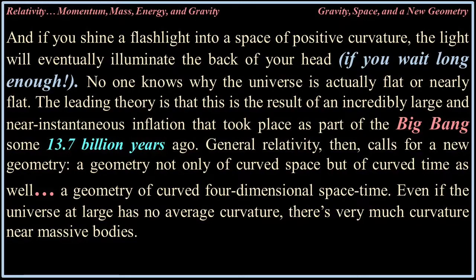General relativity, then, calls for a new geometry, a geometry not only of curved space, but of curved time as well, a geometry of curved four-dimensional space-time. Even if the universe at large has no average curvature, there's very much curvature near massive bodies.